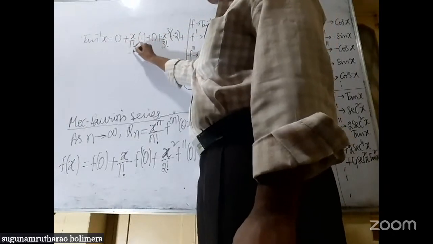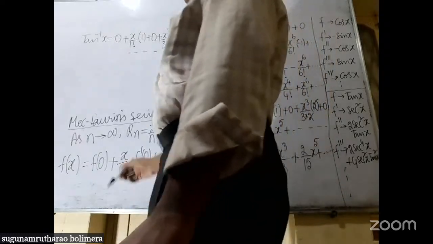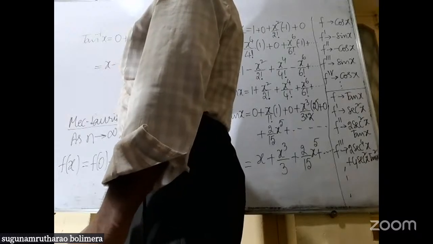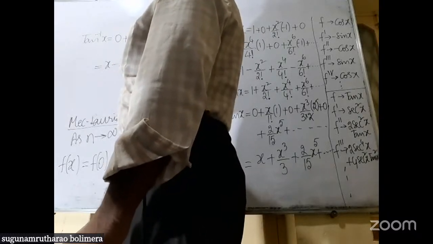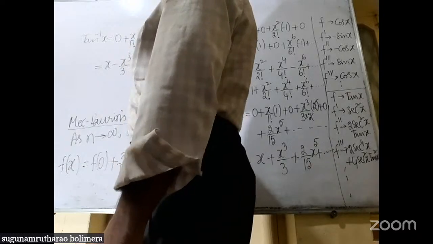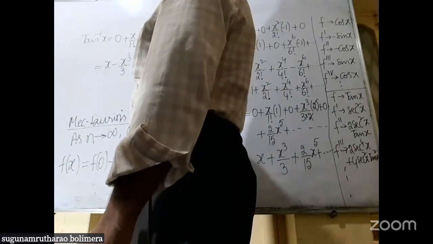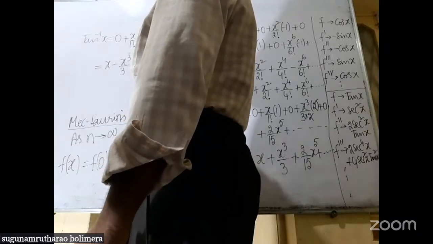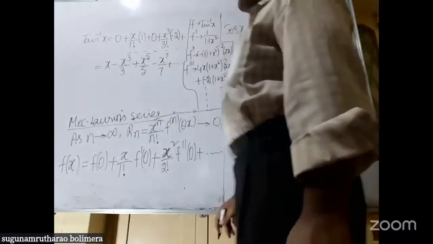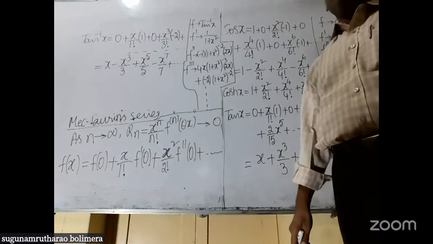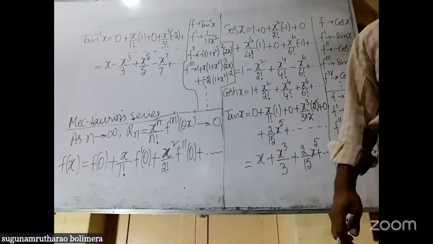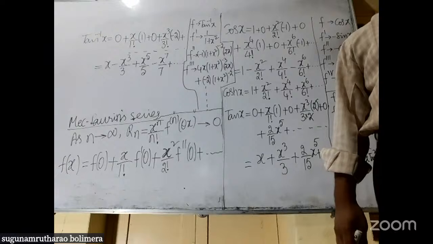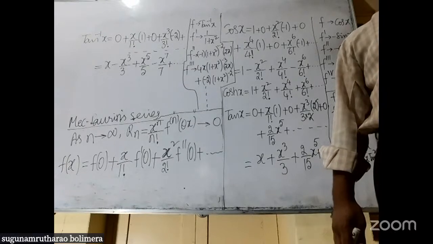So this is nothing but the tan inverse x expansion: x minus x cube by 3 plus x power 5 by 5 minus x power 7 by 7 plus and so on. Keep on writing this.